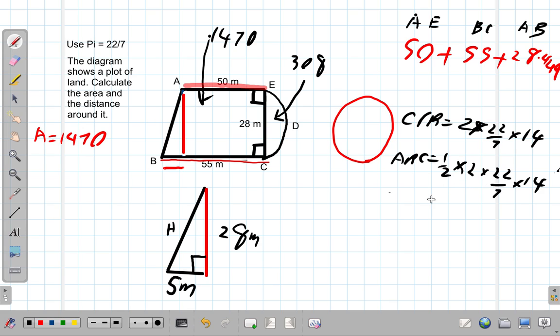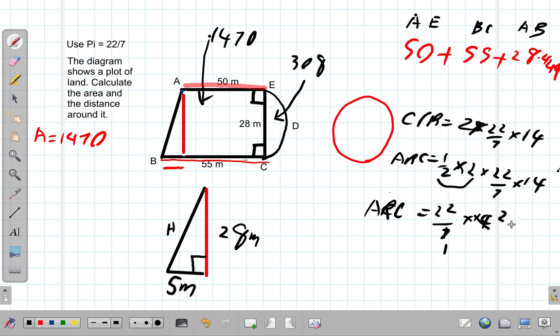So let's see, the arc CDE is half times 2, which is 1. This part comes to 1, so it's 22/7 times 14. 22 divided by 7 times 14. There's 1 seven in 7, and how many sevens are there in 14? 2.